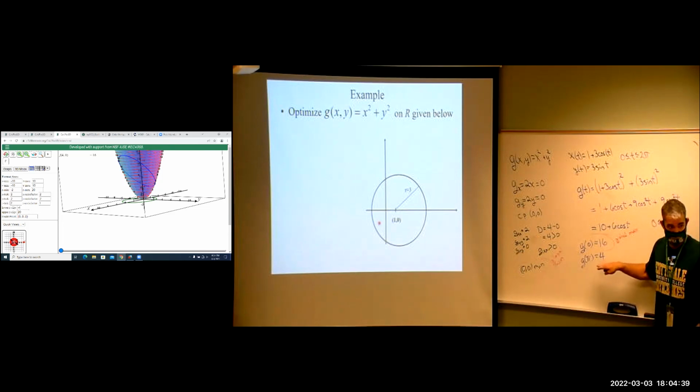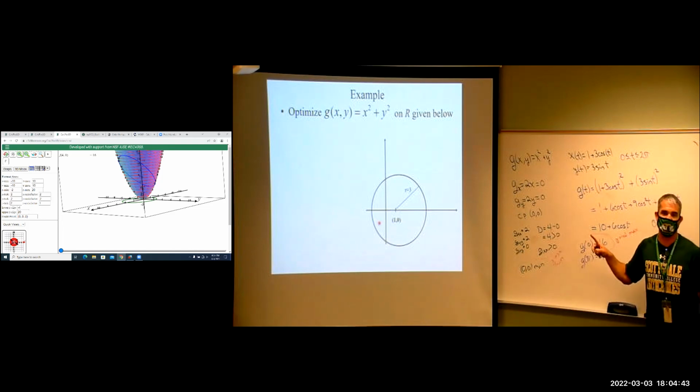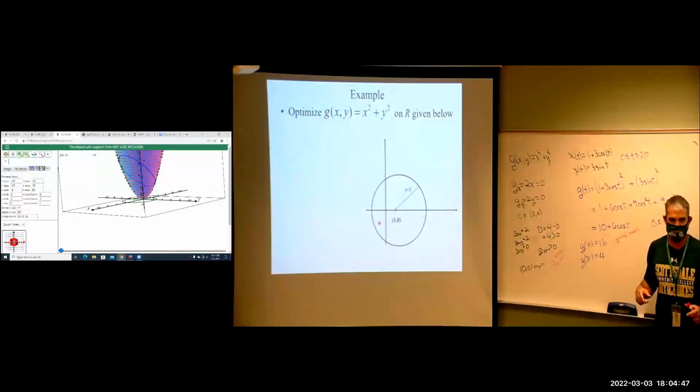This would have been the minimum if we were only on the boundary and not inside the region as well. But because we're also including inside the region, we had a point in there that goes lower. It did not occur at a critical point.